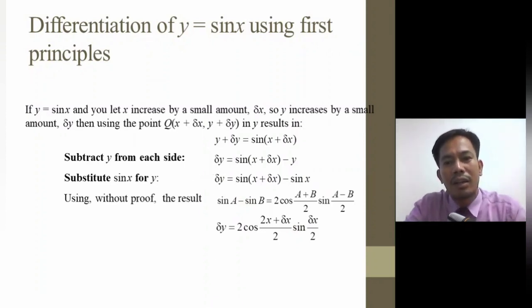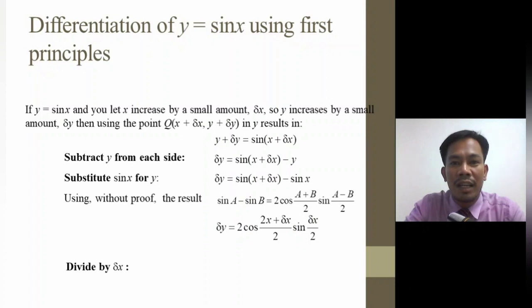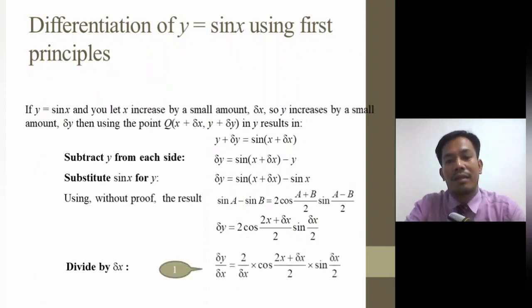Again, our goal is to find increment of y over increment of x. So we need to divide everything by increment of x, which will turn out like this. The 2 over increment of x will be multiplied to the values from a while ago.